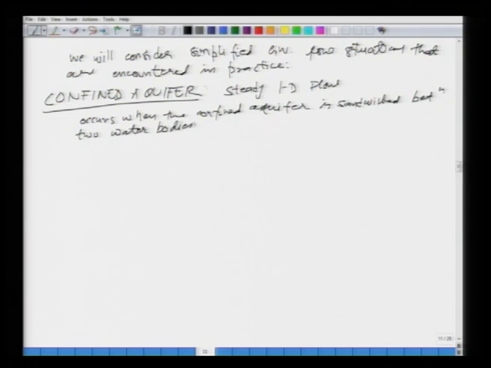So, we will look at this graphically in a figure first, and then we will work on this. This is the impervious horizontal boundary or strata.